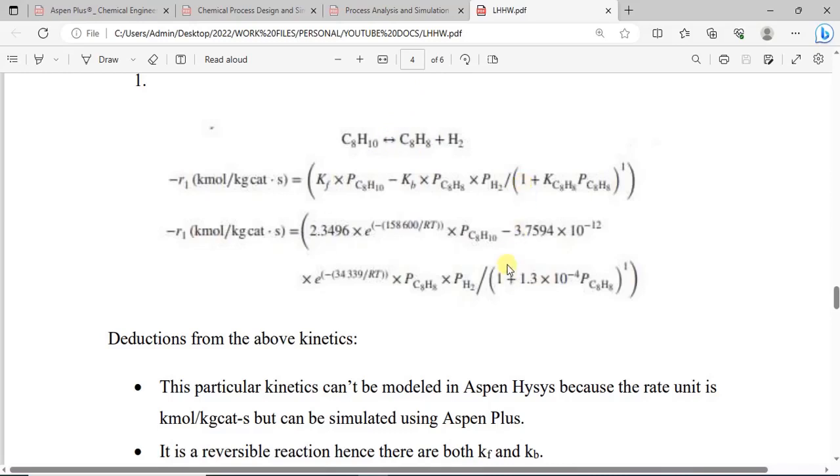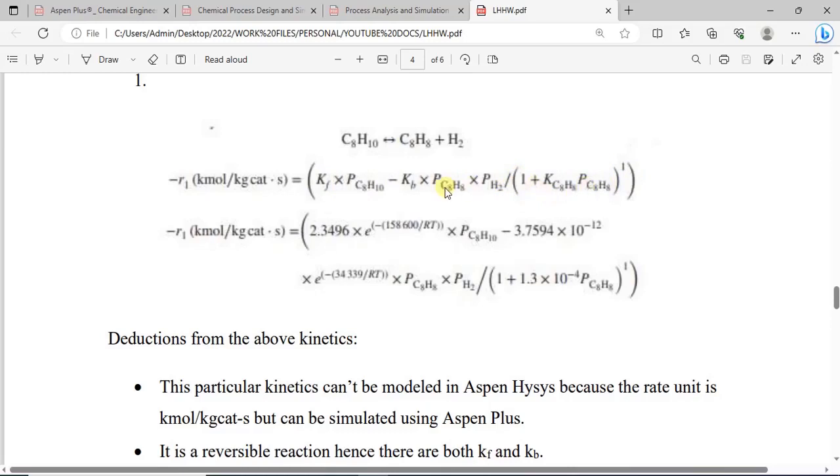Now from here, we see the forward kinetic expression, we have the backward kinetic expression, then we have the denominator term. You have the division sign, and then you have the denominator term, right?